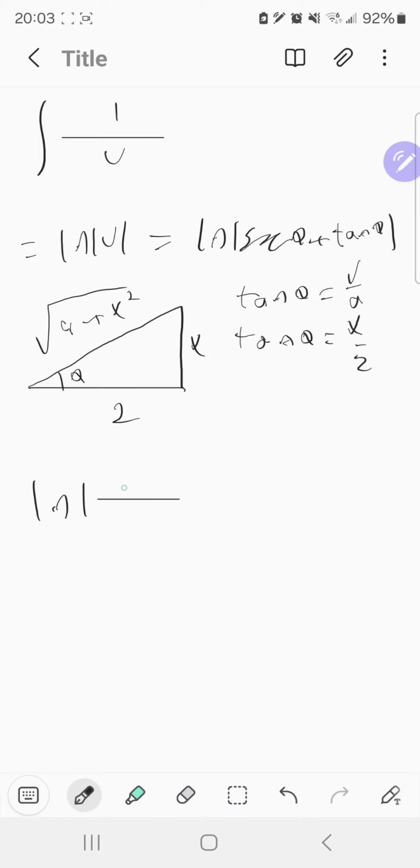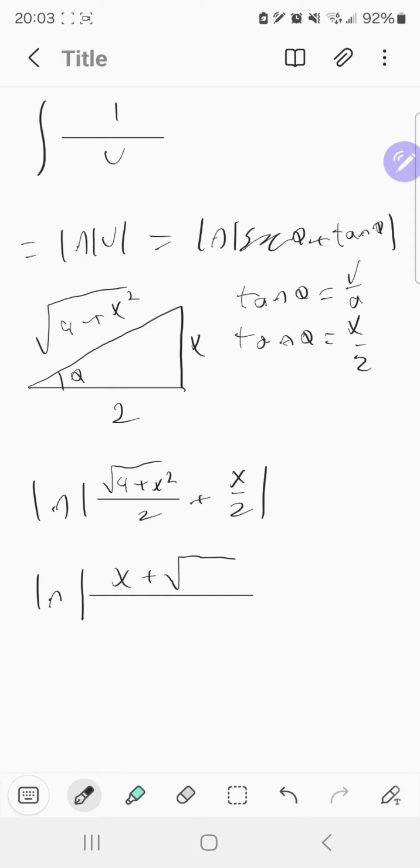So secant would be equal to the square root of 4 plus x squared over 2. And we're going to add on to that tangent theta, which we already defined over here, equal to x over 2. So we have ln absolute value of x plus root 4 plus x squared over 2. And that's how you do integration with trig substitution.